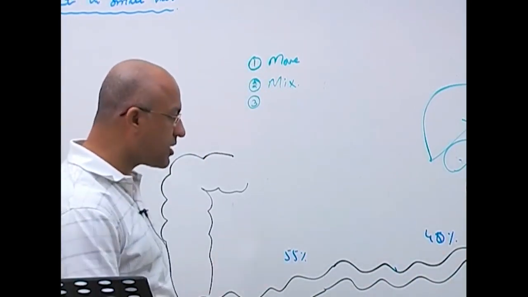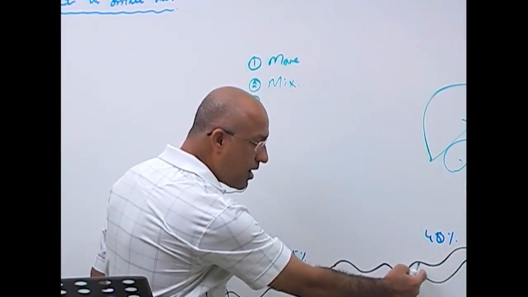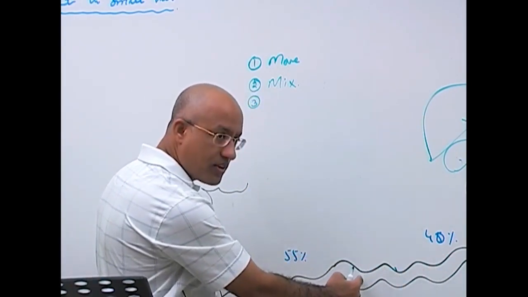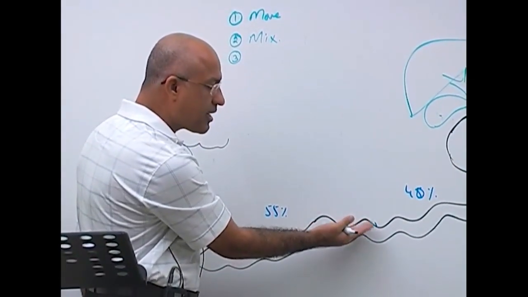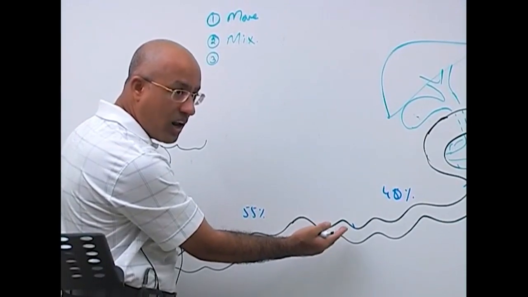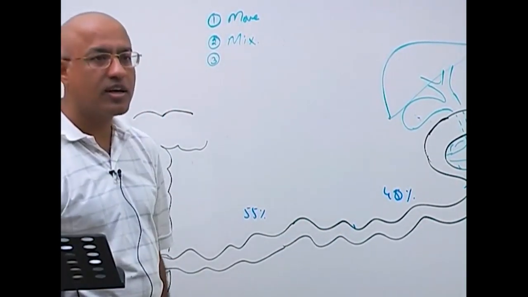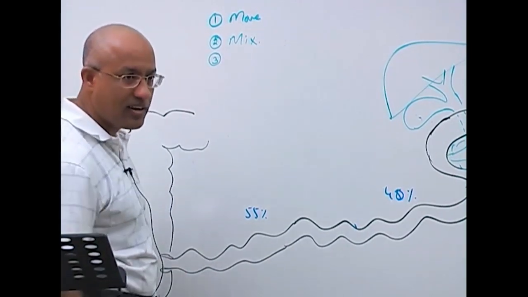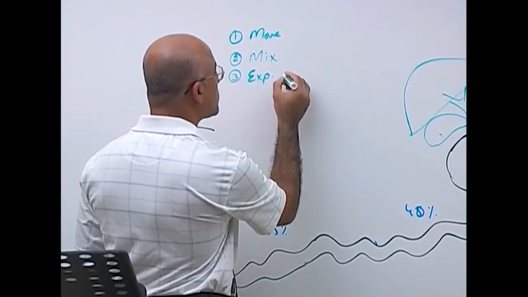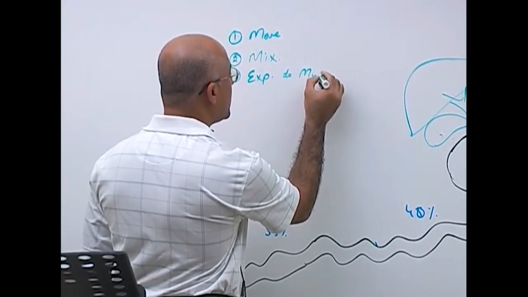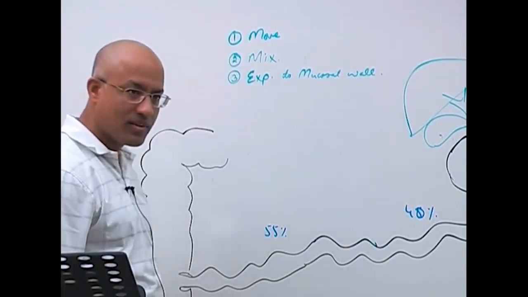Yes, they help in absorption, because when the contents of the small intestine are churned, more and more areas of the content are exposed to the mucosal wall, so that the mucosal wall can absorb the digested material. So another purpose is exposure of the content to the mucosal wall for better absorption.